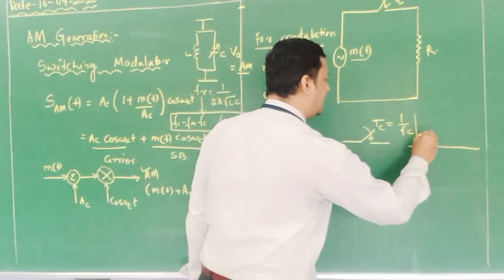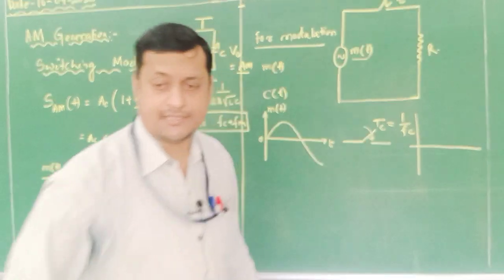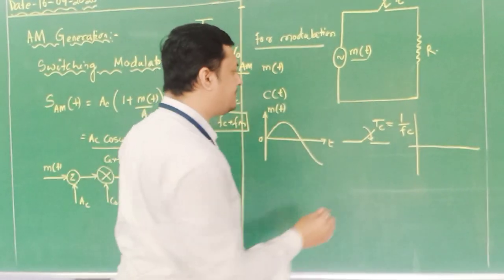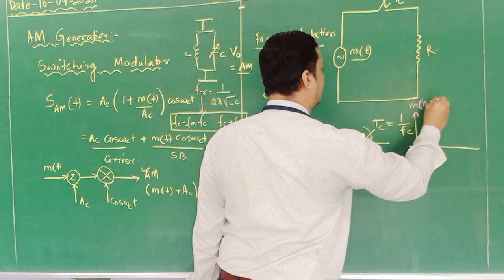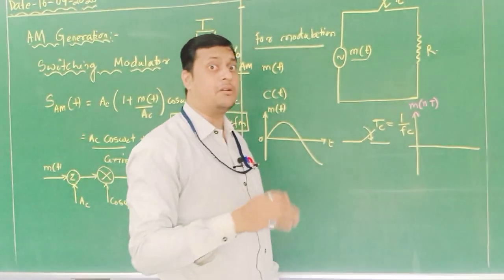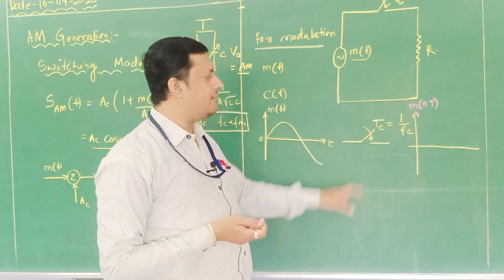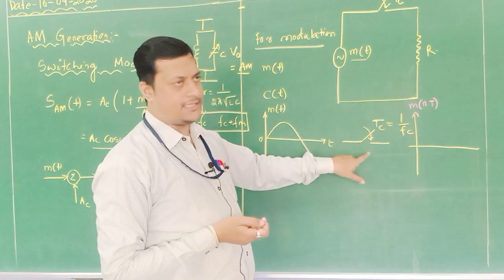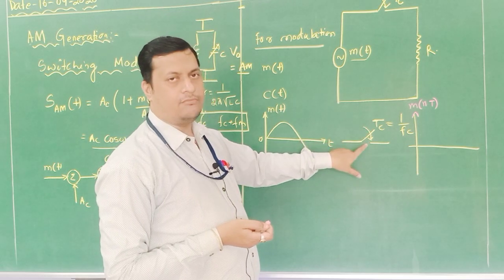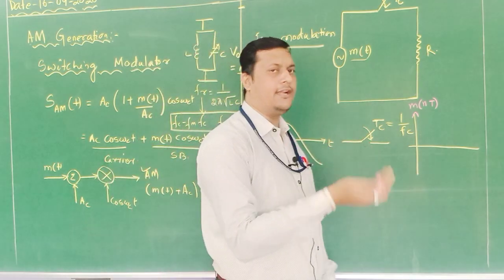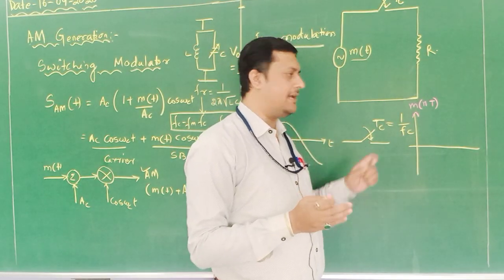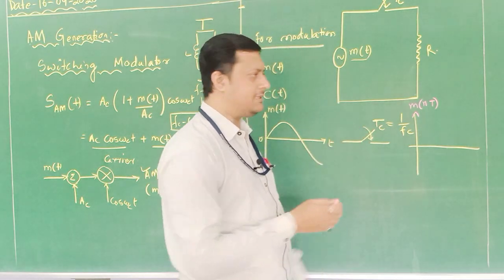For example, I am representing this message component as m of nTc. M of nTc means a number of samples is generated. Here the samples are generated with the help of this particular switch at a regular time interval of Tc. So T on and T off combine as the time period Tc.